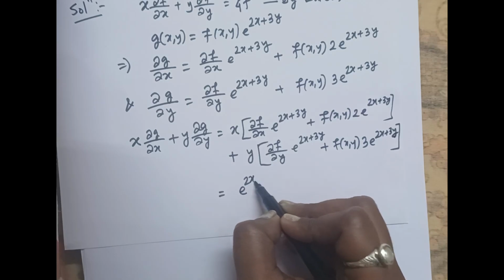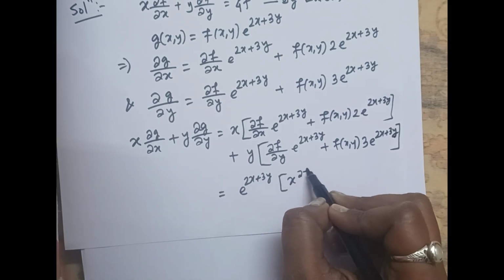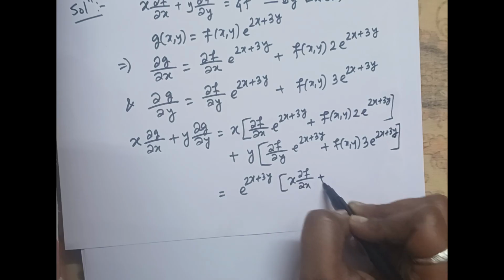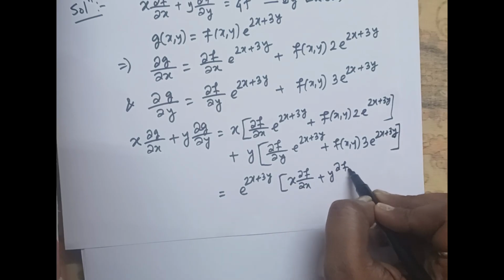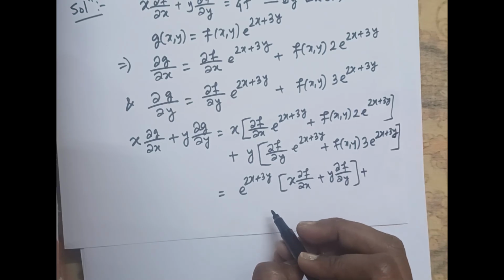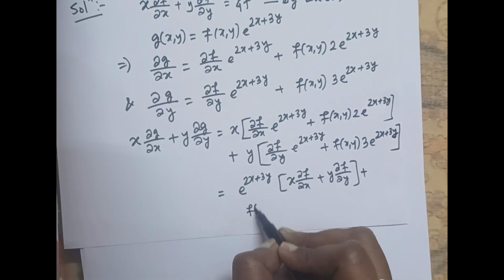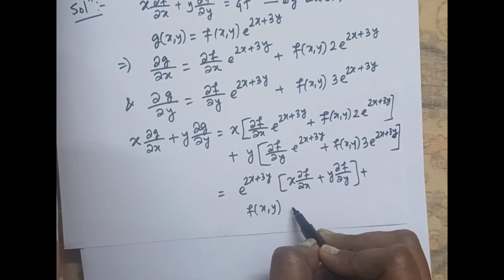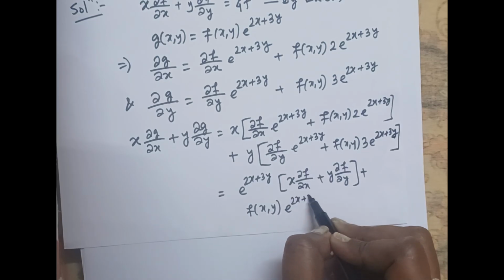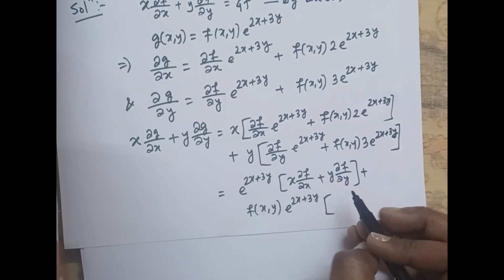If we take e^(2x+3y) common, then we have x ∂f/∂x + y ∂f/∂y, plus, again taking e^(2x+3y) along with f(x,y), the remaining portion is 2x+3y.